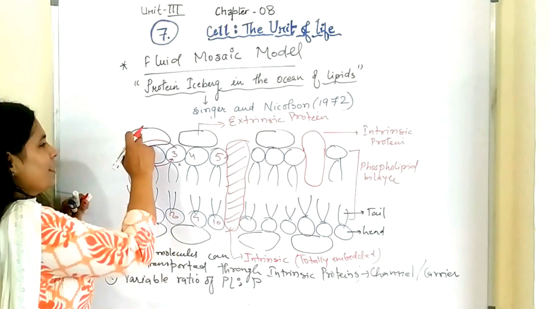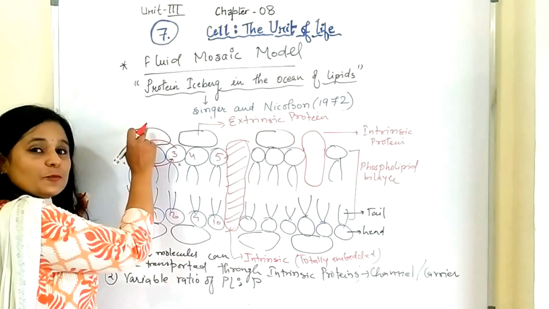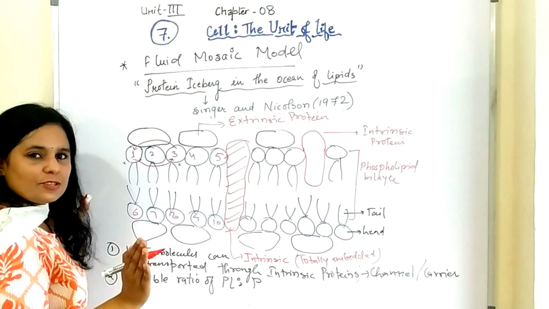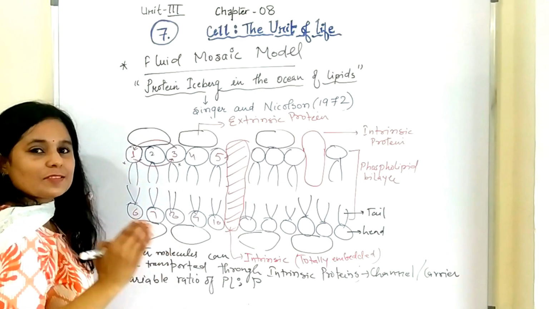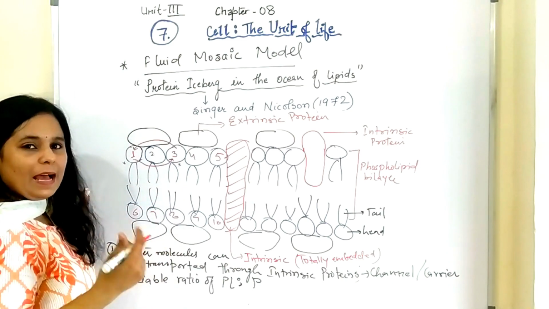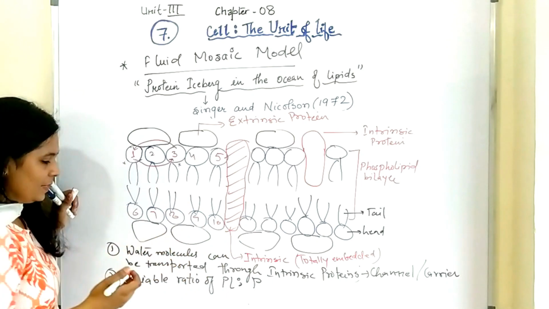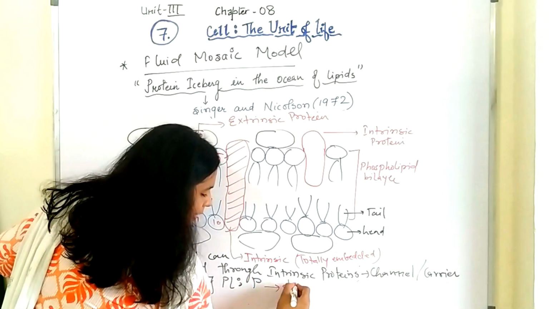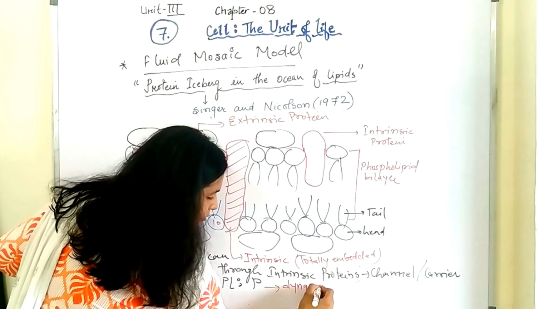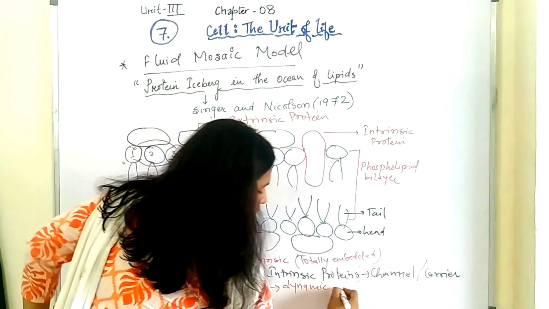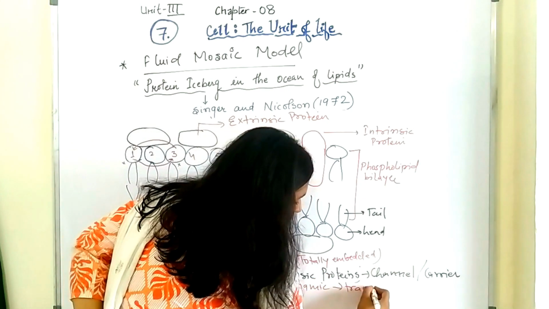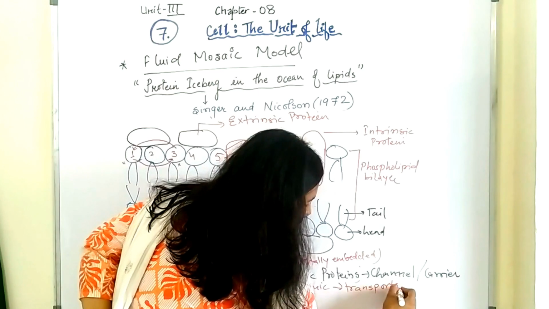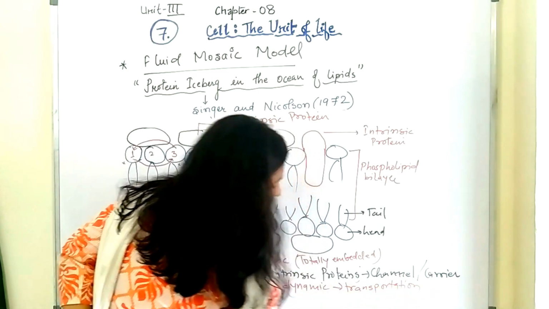That time the ratio of phospholipid versus protein will change, and that gives this scope that this plasma membrane is dynamic in nature, which is very important for the concept of transportation. Fine.